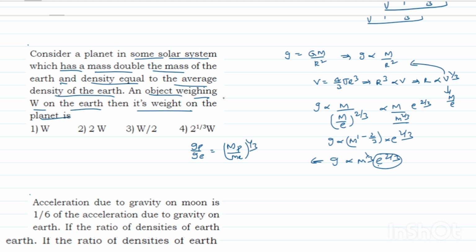Multiplying by m, this is weight on the planet by weight on the Earth, which equals the mass of the planet, 2M as given, by M, whole power 1 by 3. So the weight on the planet equals weight into 2 power 1 by 3. This is the correct answer.